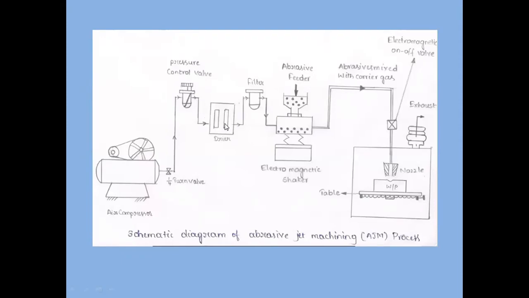Next, a dryer to remove the humidity from the air. Next, a filter to remove impurities from the air, any hard particles. Abrasive particle mixing is going to happen in the next phase, so we need to filter here to remove any contaminating materials, hard particles, and any other unwanted materials like chips or dust particles.